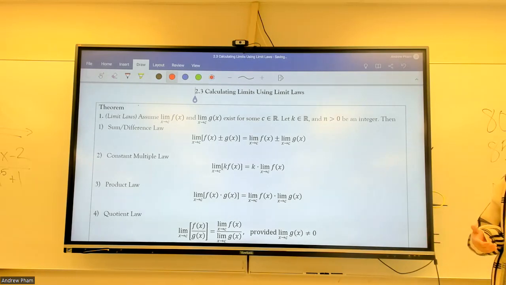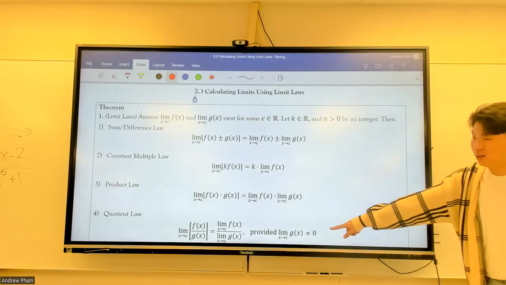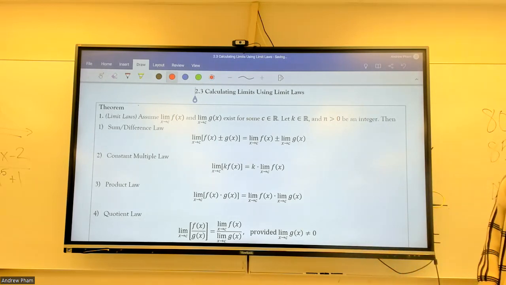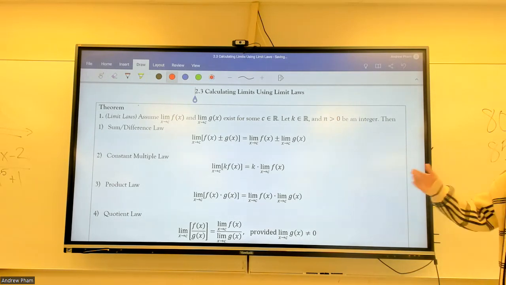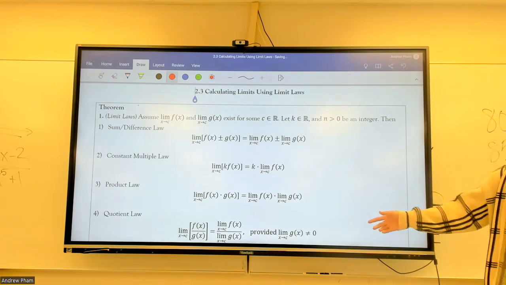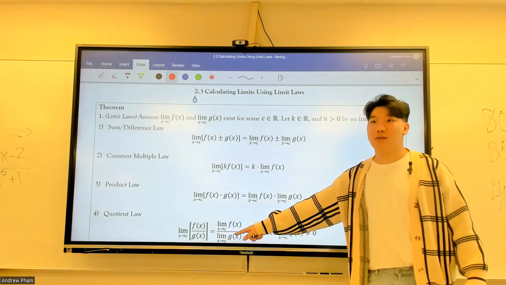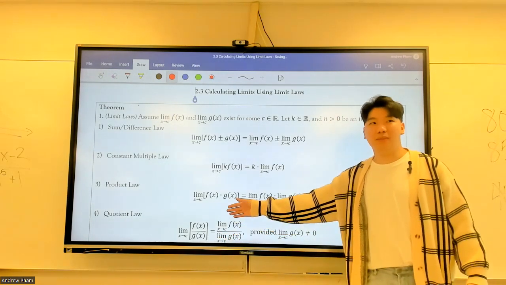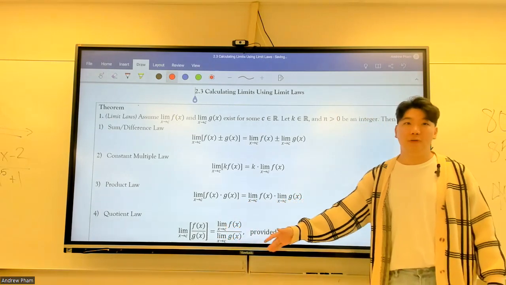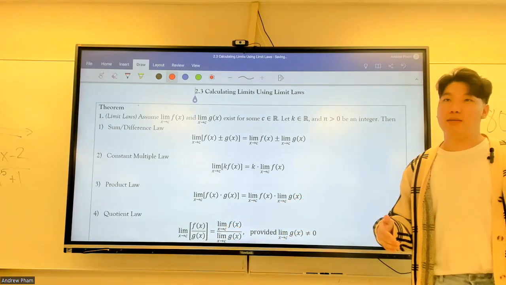Why do I not want the limit of my denominator to be 0? If the limit of this whole bottom denominator is 0, then I'm getting some number divided by 0, and we know we never want to be dividing by 0.